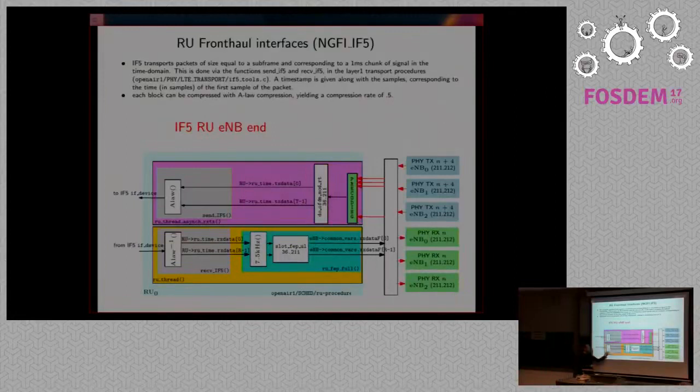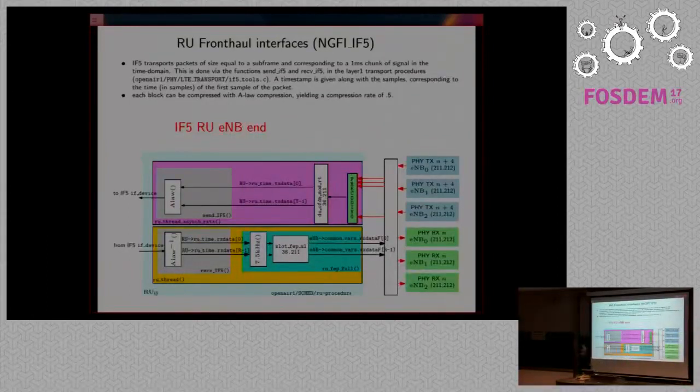The first thing we do is decompress the signal. When we transmit I and Q samples, if you want to fit them on Ethernet, you compress them a little bit. We actually use A-law compression for this. You get a compression factor of about 1/2 without any signal degradation. All right, so this is coming from the network. We decompress, and then we convert to the frequency domain.